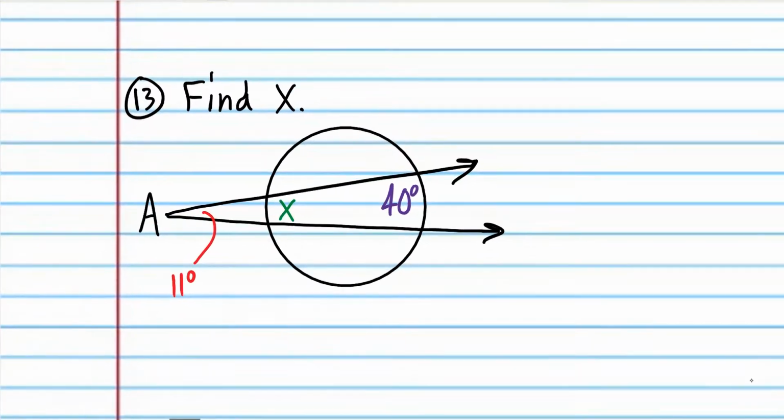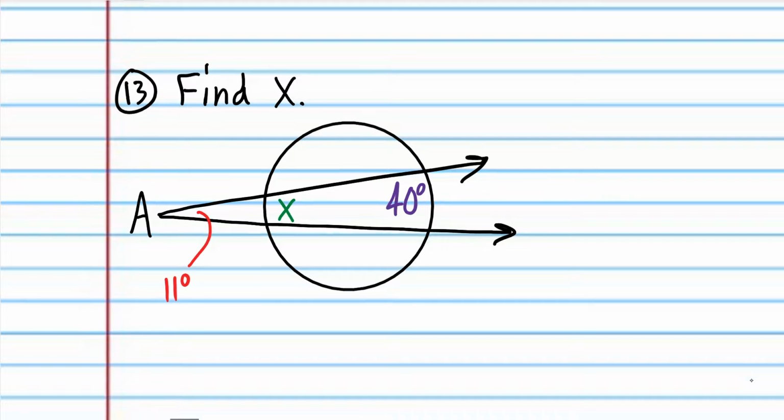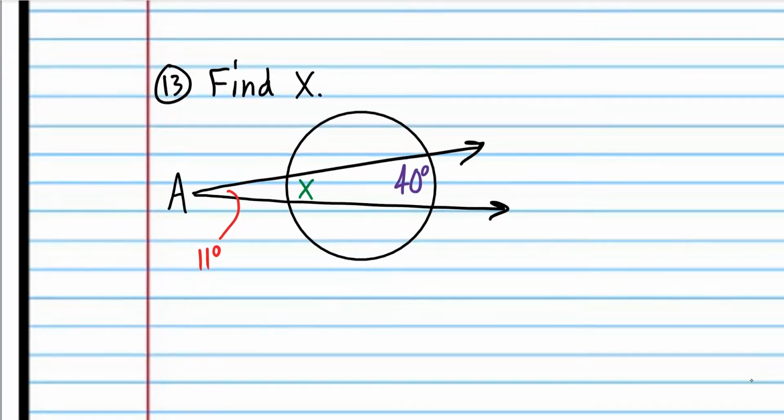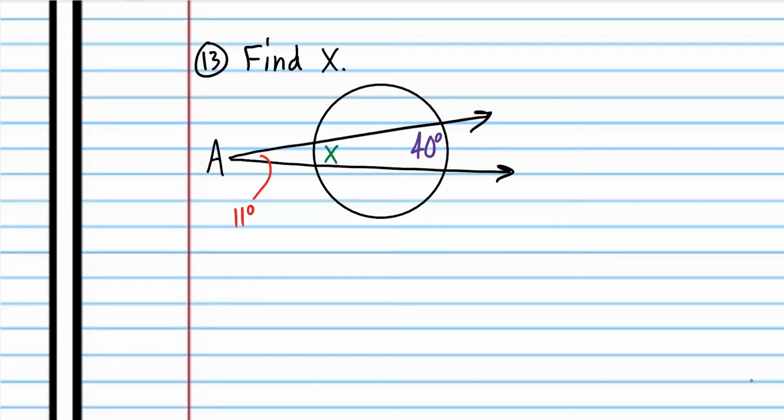Okay, we're back. In this problem, we're going to use the angle vertices outside circles theorem. And I'd like to write a formula, but we'd have to name all these points of intersection. Instead of doing that, I'm just going to say that the measure of angle A is equal to the difference of the arcs that are created by those two secants divided by 2.